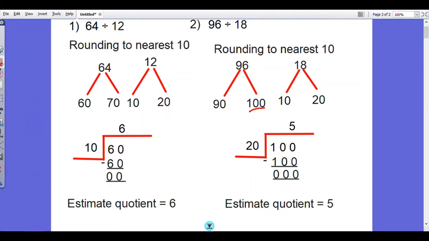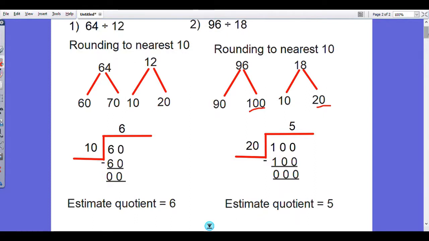And 18 is between 10 and 20, so much closer to 20. Now your division will become 100 divided by 20. 20 fives are 100, so the estimated quotient is 5.